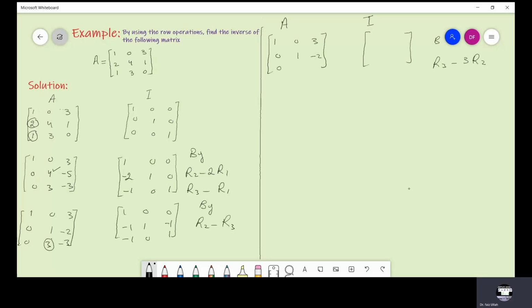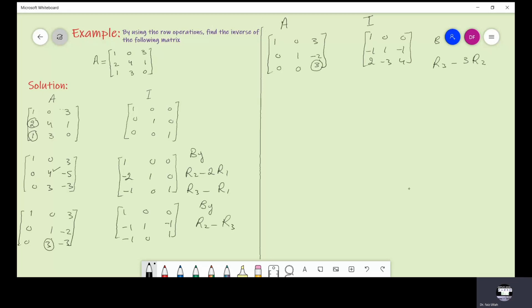And now this becomes 0, 0, and here we can get plus 3. And at the same time, we perform the operation and we get 1, 0, 0, minus 1, 1, minus 1, 2, minus 3, 4.